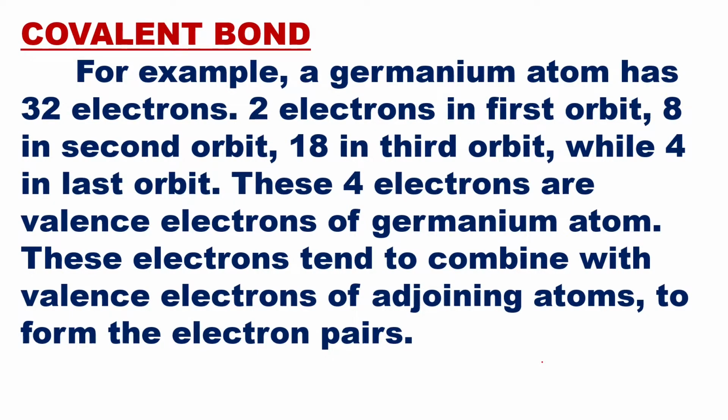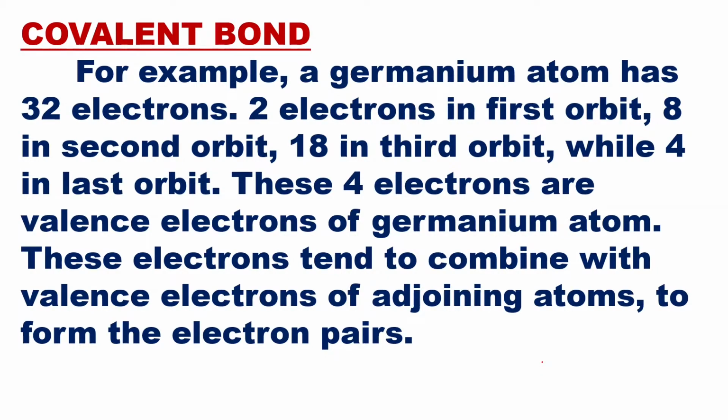Then we'll take an example to explain covalent bonding. We know that we have two semiconductors. One is silicon, which has 14 electrons, and one is germanium, which has 32 electrons. As an example, we will take the germanium atom.